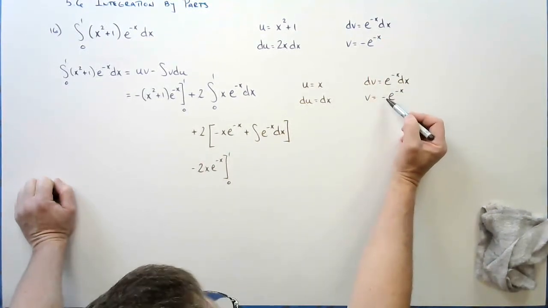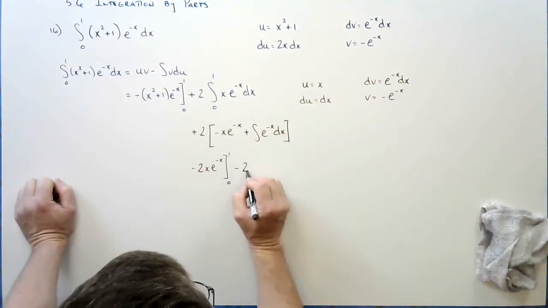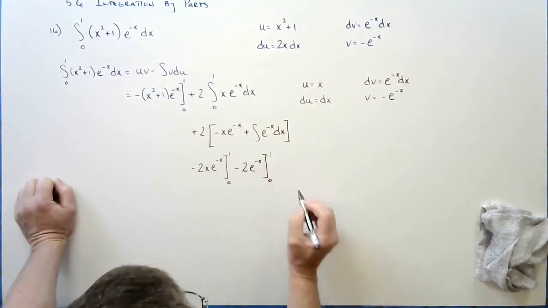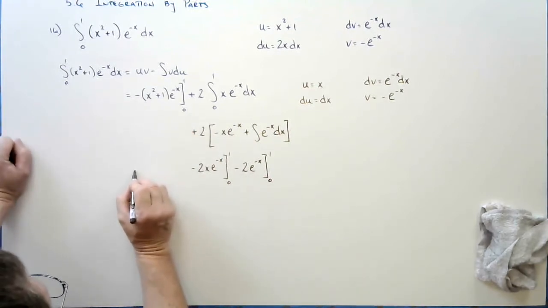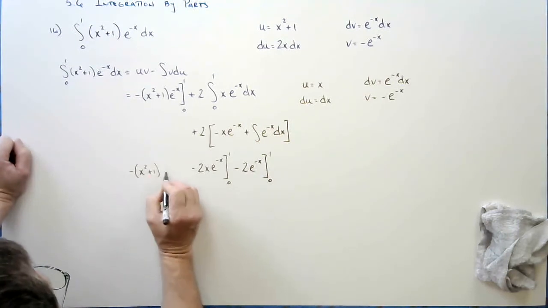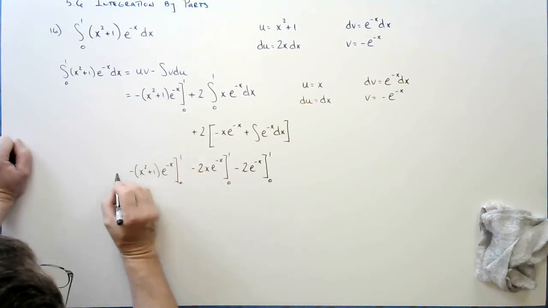It's going to give us a negative e to the minus x times our positive 2, which is minus 2 e to the minus x, and we're going to evaluate that between 0 and 1. And we can go ahead and drop down our first term here. That's minus the quantity x squared plus 1 e to the minus x evaluated between 0 and 1.